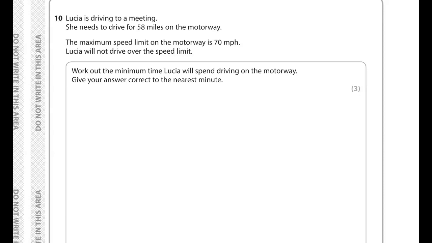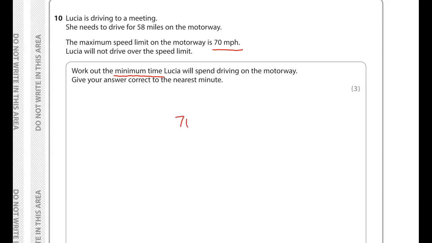Now, where it says here, work out the minimum time. The minimum time will be if Lucia drives constantly at 70 miles per hour. If she slows down for whatever reason, then that's going to take longer. So we're going to work it out as if she will be driving at 70 miles per hour throughout her journey.